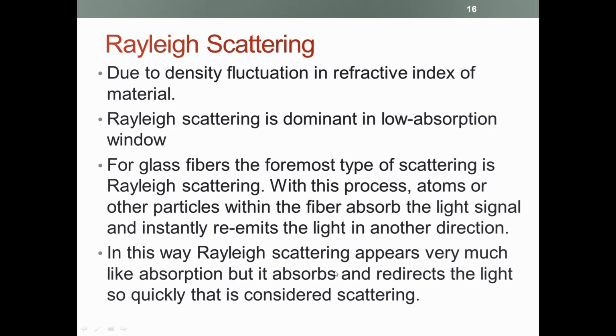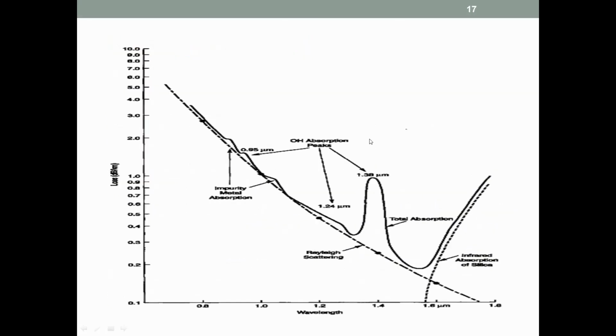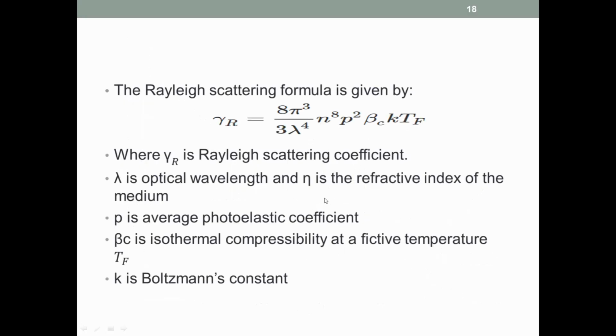In this way, Rayleigh scattering appears very much like absorption, but it absorbs and redirects the light. It absorbs from one end and redirects to the other so quickly that it is considered scattering. So this is what you need to remember, it is one of the very important parts of Rayleigh scattering.